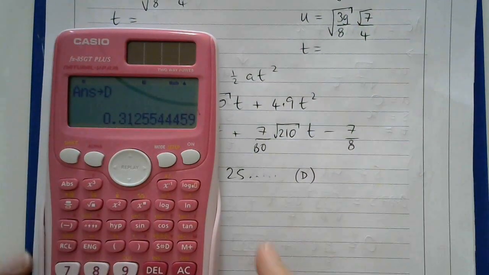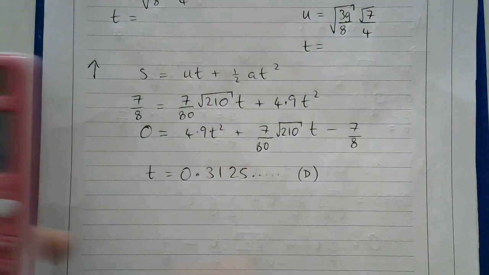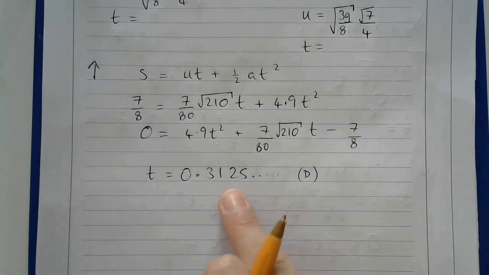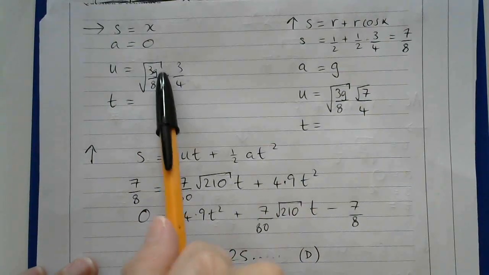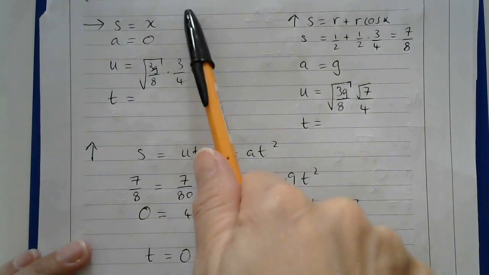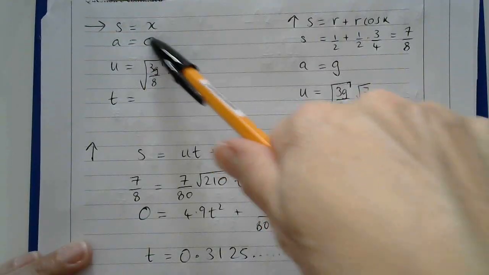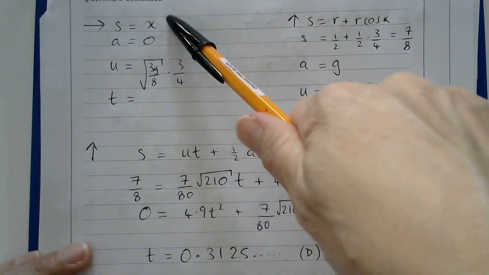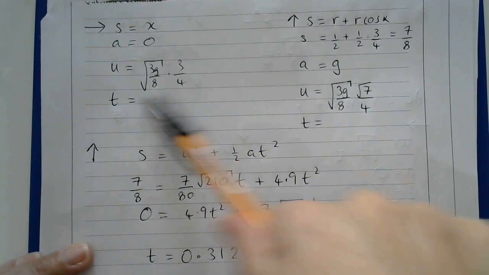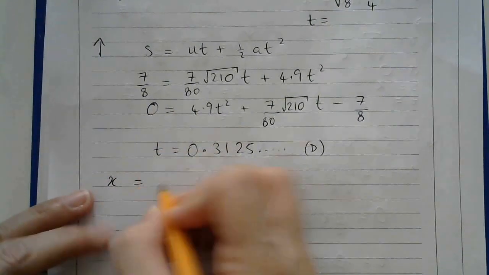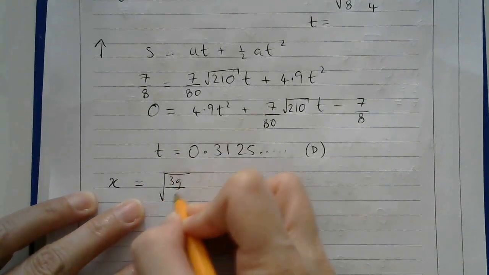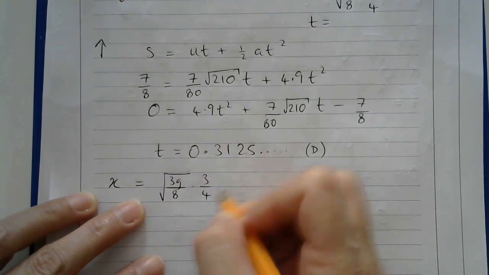Okay, and now I can use that value of T together with these values to work out S. So again, using S is ut plus half AT squared. Well, this time the half AT squared is going to disappear because A is 0. So I just get X is this times my value of T: 3G over 8 times 3/4.